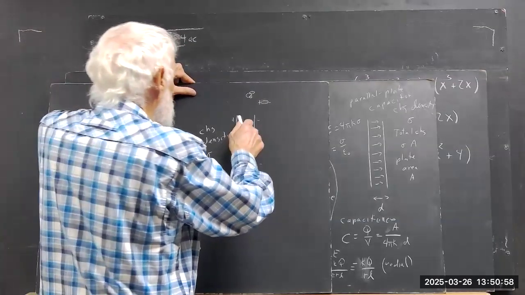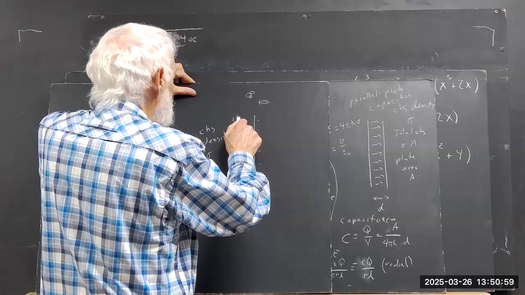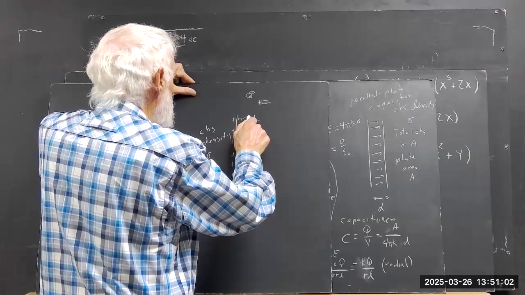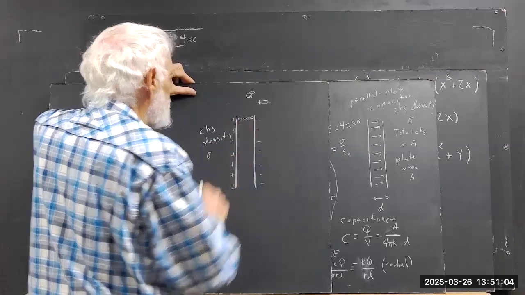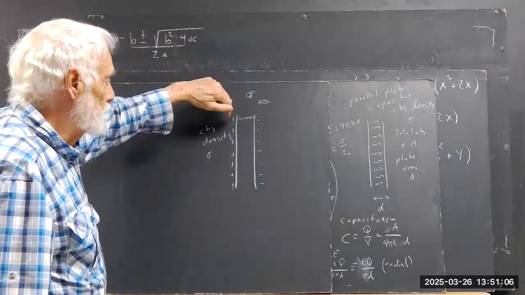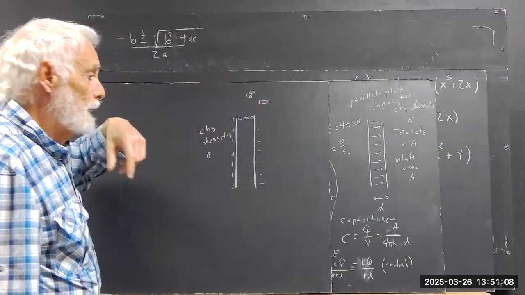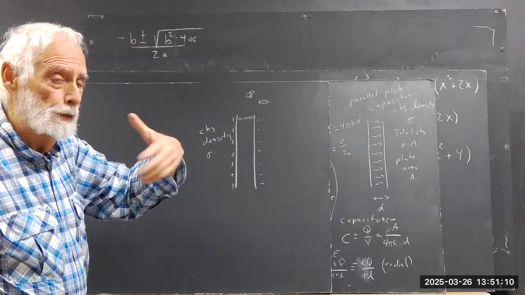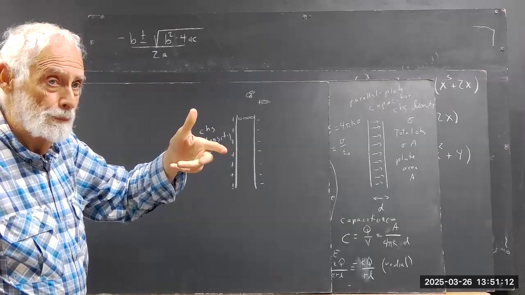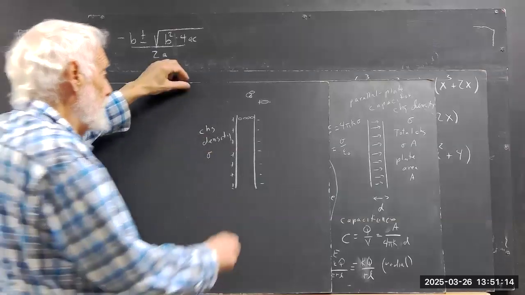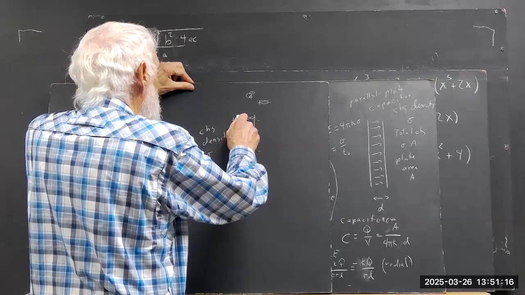Okay, so what's going to happen is the water molecules between here and here are going to align themselves with the electric field, so that the negative end is here.